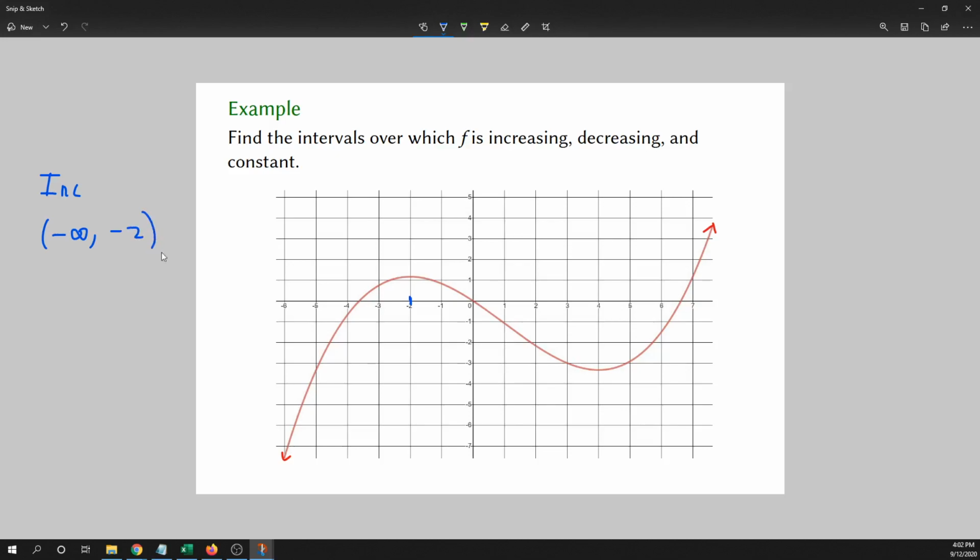Then we can see after that the graph starts decreasing. It starts decreasing at -2, and then it keeps decreasing until we get to 4 right here.